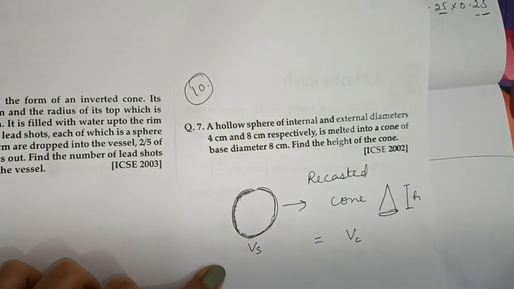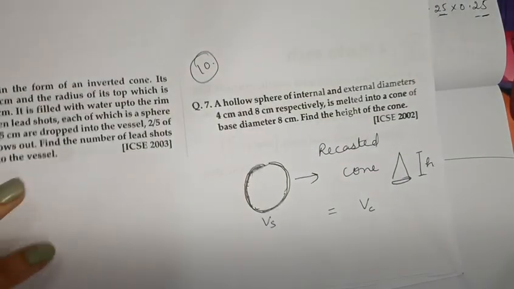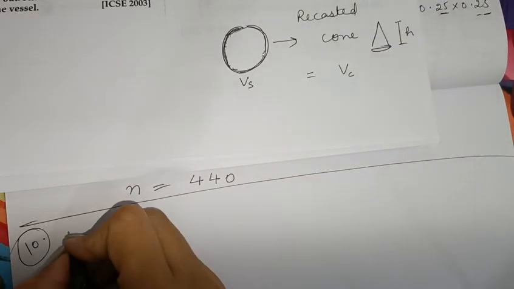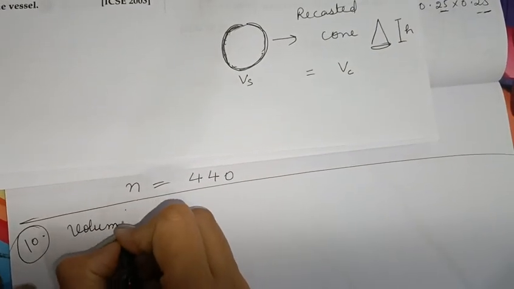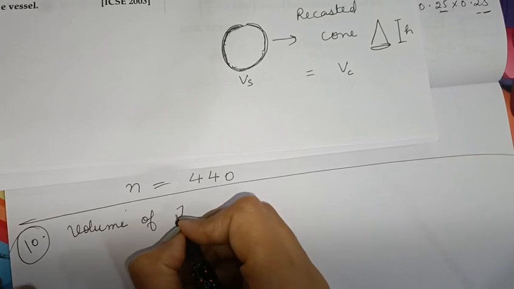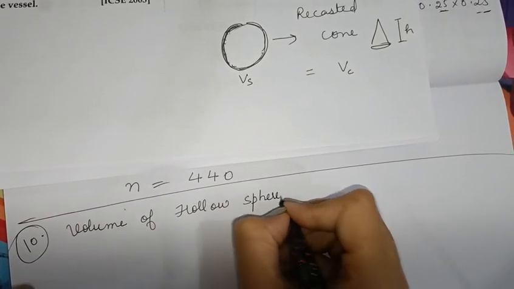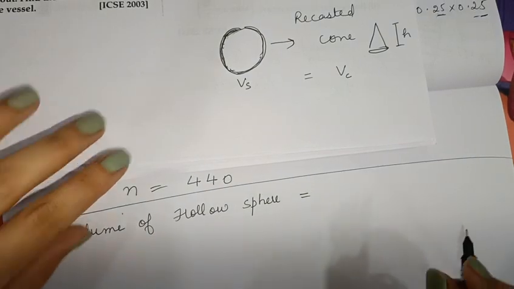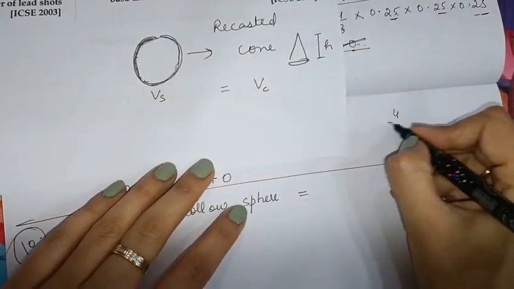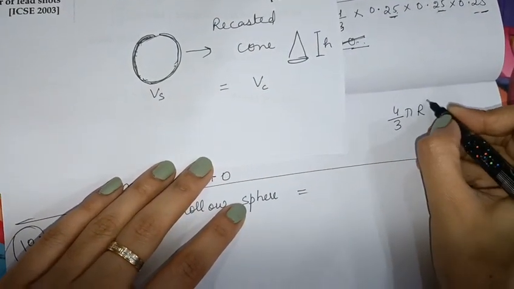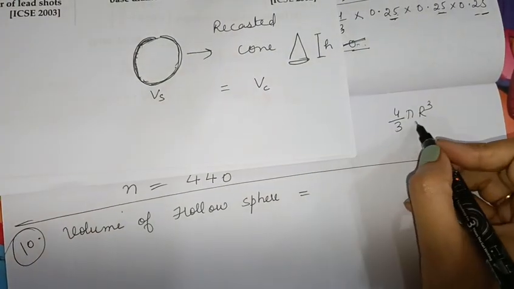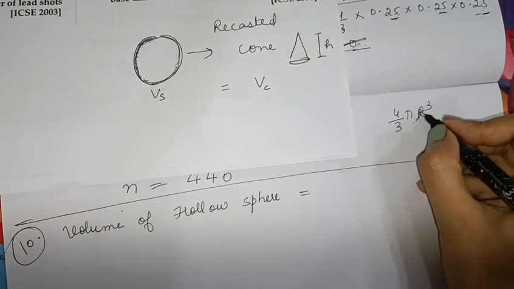So now what is the formula, volume of hollow sphere? I'll tell you directly. Try to remember the formula. Volume of hollow sphere is equals to, see, volume of one normal sphere is 4 by 3 pi r cube.